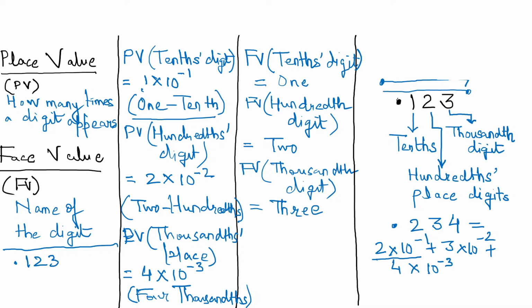So this should have been written as 3 into 10 to the power minus 3 plus 2 into 10 to the power minus 2 plus 1 into 10 to the power minus 1. It is preferred if you write it like this.